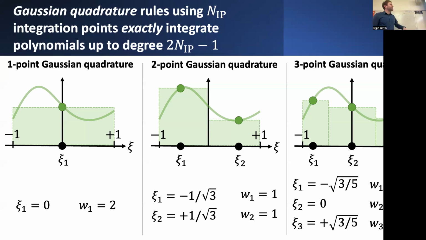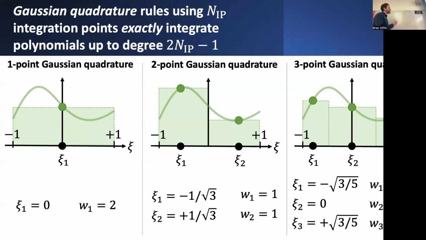In fact, a Gaussian quadrature formula that uses n integration points is capable of exactly integrating any polynomial up to degree 2n minus 1.